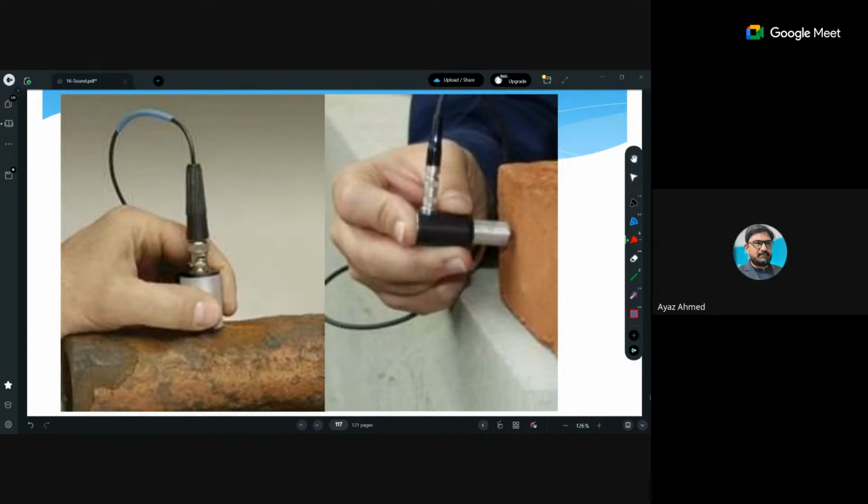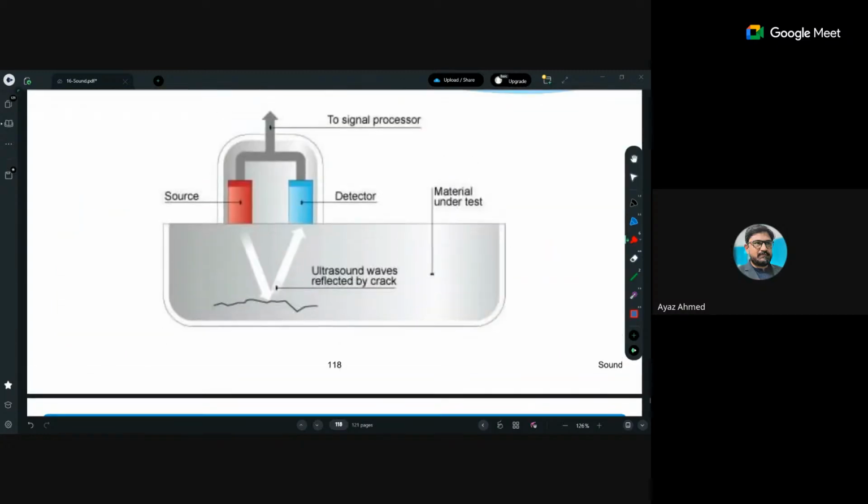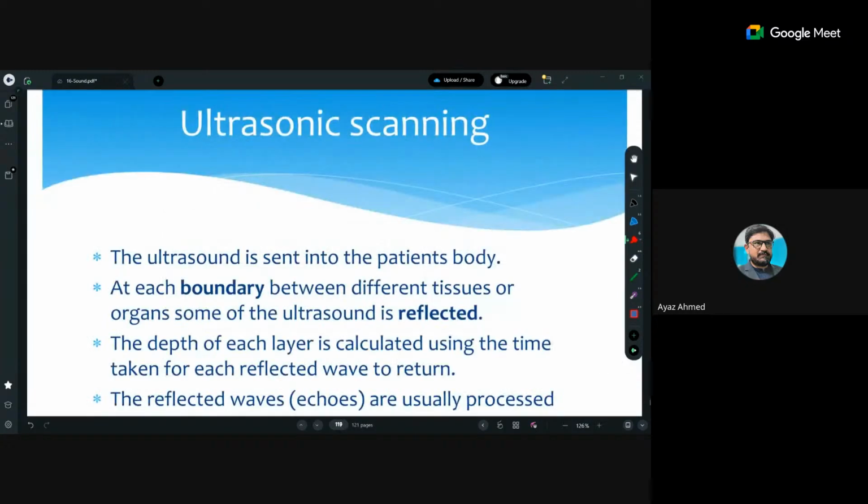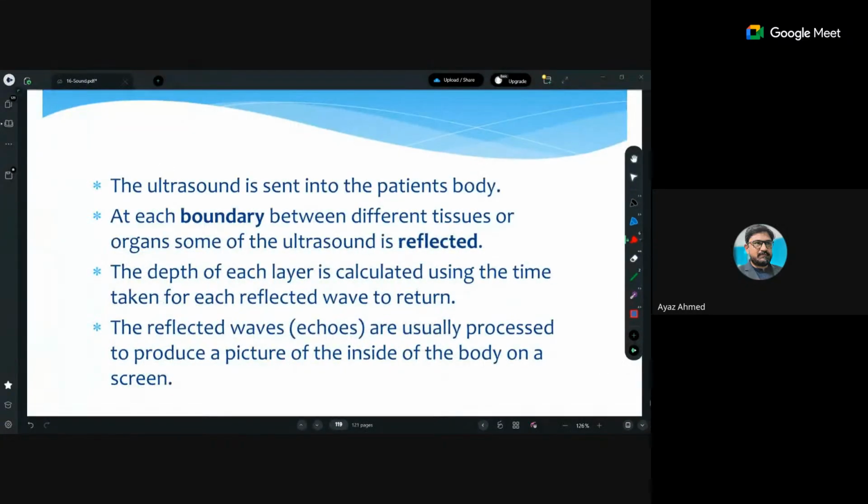So this is ultrasound technology. The source sends ultrasound and it is received back. This is used to find the depth of the sea. There are many areas in which we use ultrasound in different ways.